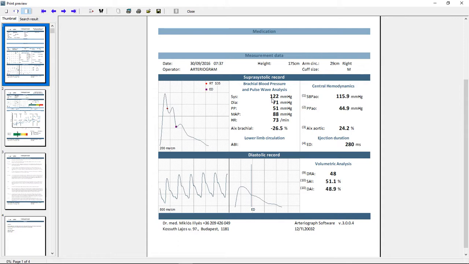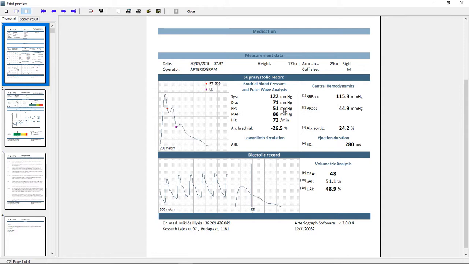Indeed, in this case the brachial blood pressure was 122 mmHg and the central aortic blood pressure was only 115.9 mmHg.